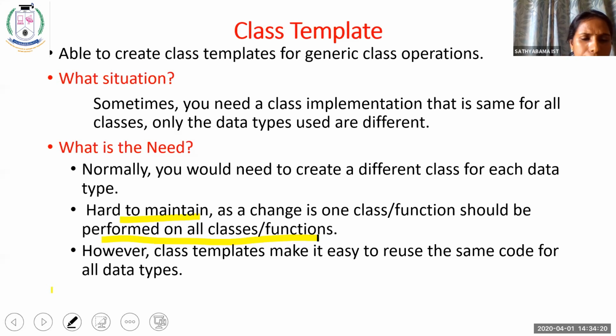In order to avoid that, we are going to make a class template. So for the class template, only once you are going to write it. Then using that class template, you are going to work on all kinds of data type. When you go through the program example, you can understand better.